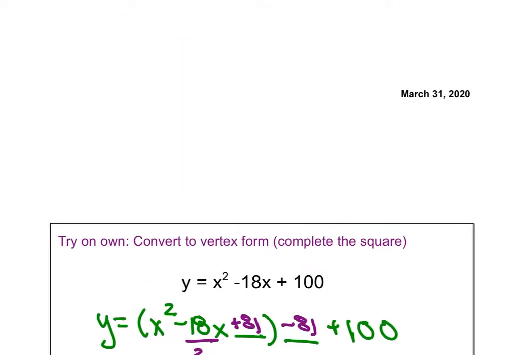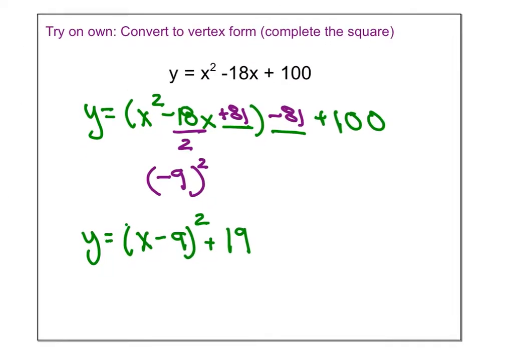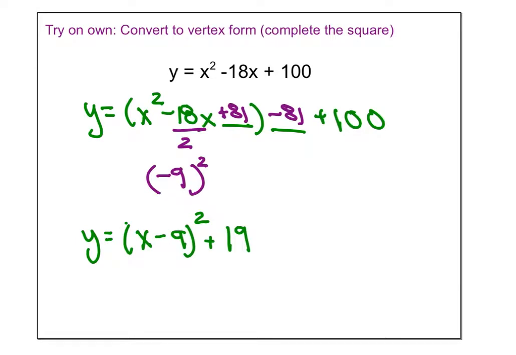I actually already did this for you. Completing to vertex form, if you take a look and copy this down, I did the b value divided by 2 and got -9. -9 squared was a positive 81. I balanced that with a negative 81. I took this perfect square trinomial and rewrote it as the quantity of x minus 9 squared.